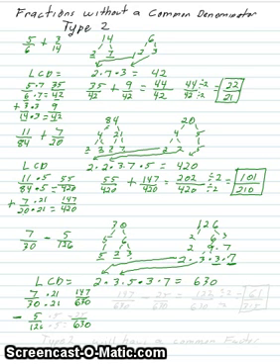Now, 126 divides into 630 5 times. So 126 times 5 is 630. Multiply the numerator by the same number, so that's negative 25.